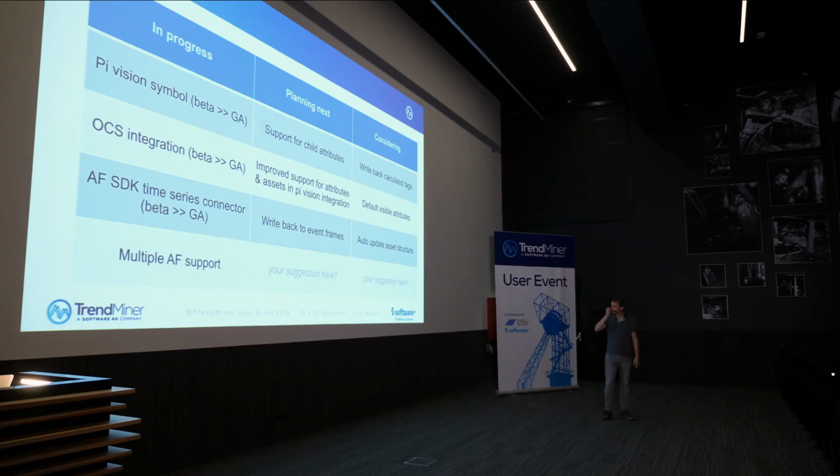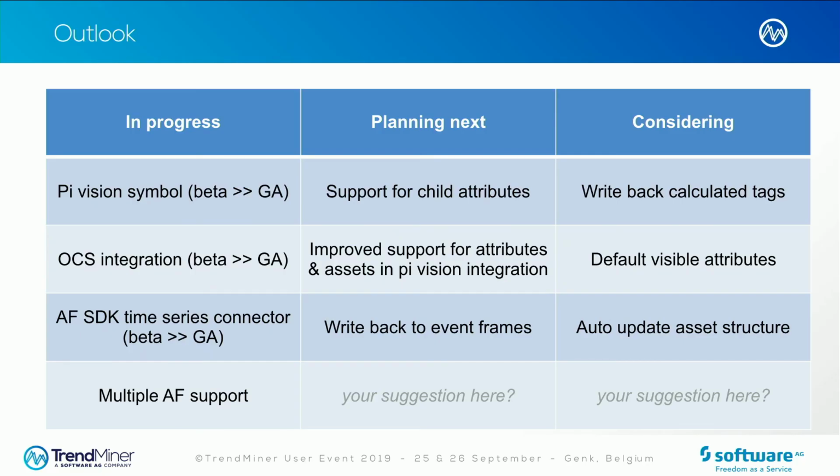But we're also planning other improvements like support for child attributes in the asset structure, which we currently don't support yet, and improved support for attributes and assets in the PyVision integration that we touched upon.